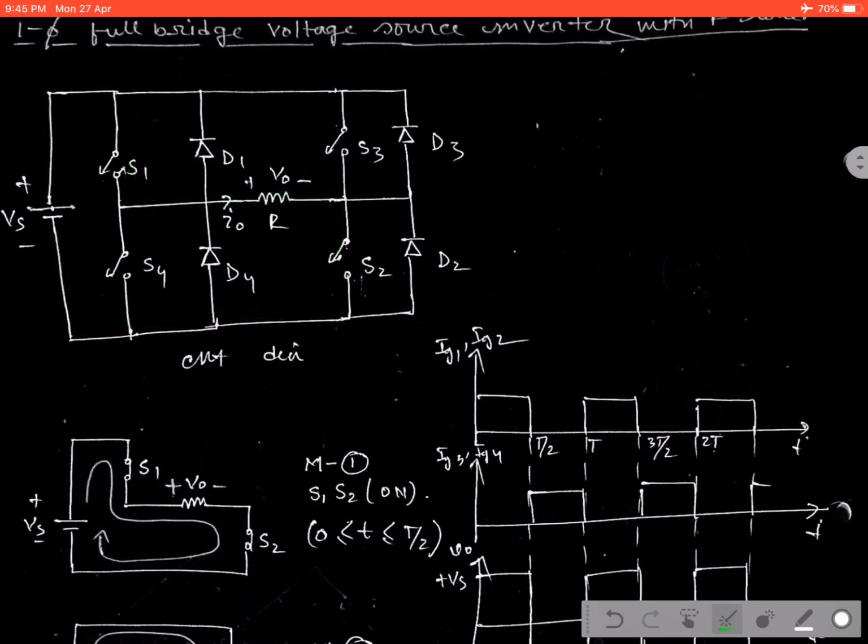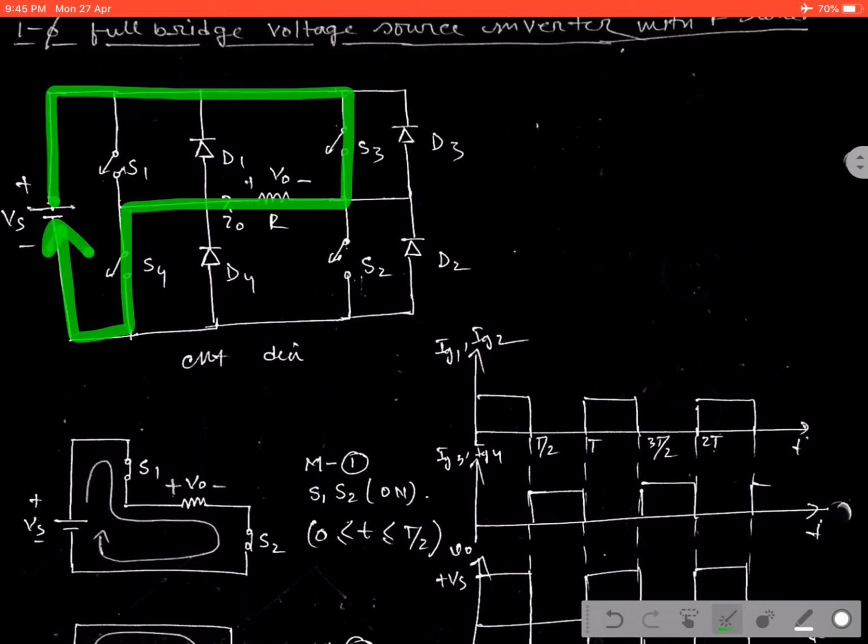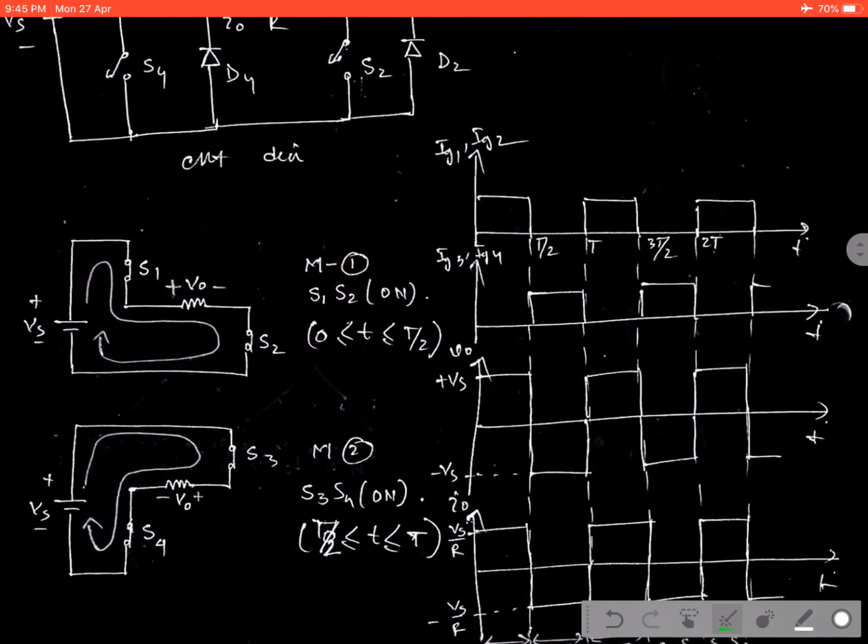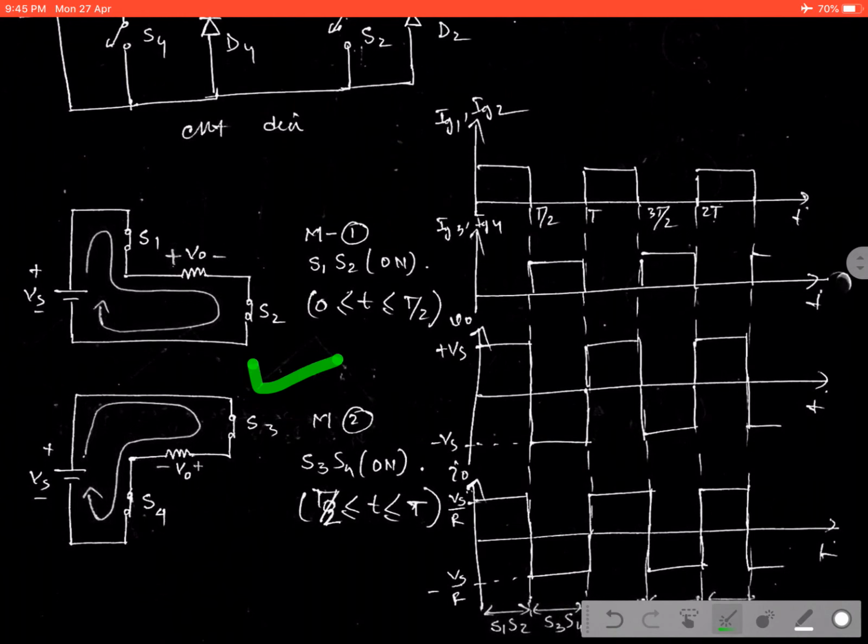Similarly, when S1 stops working, then we give the triggering pulse to the next two switches, that is S3 and S4. Then the current starts flowing from S3 to load, then S4 and coming back to the supply, which will be reflected in the next circuit in mode 2 operation.